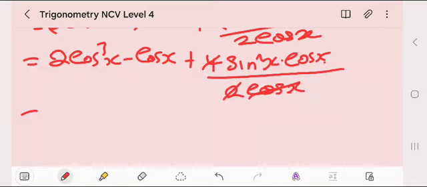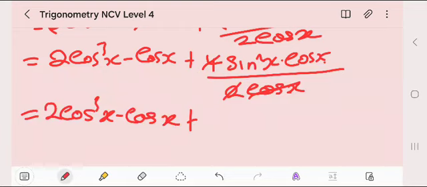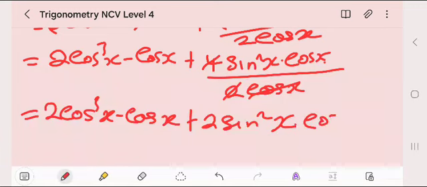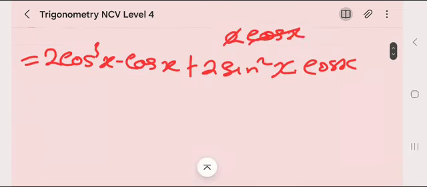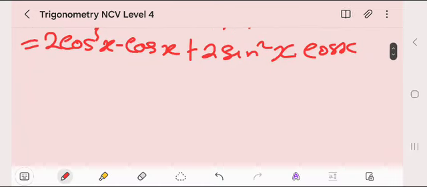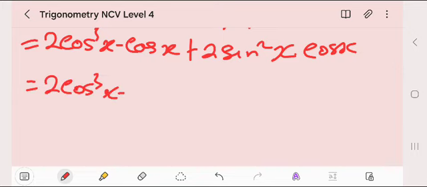So actually here we'll have 2 cos cubed x minus cos x plus 2 sine squared x multiplied by cos x, because here it's 1 obviously. We have this now, 2 cos cubed x minus cos x.